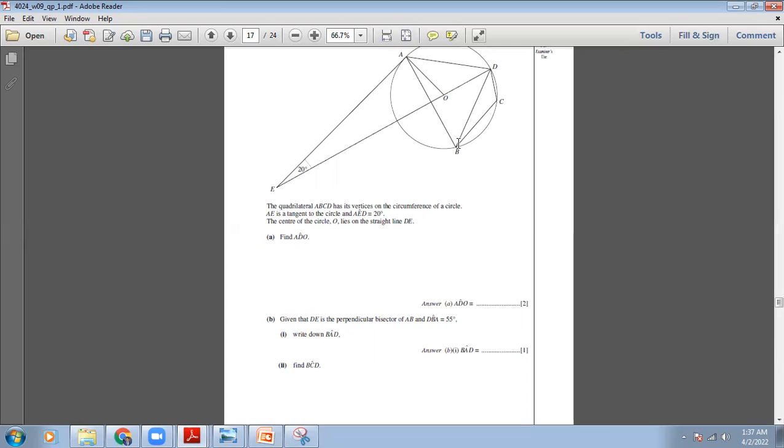The DBA angle is 55. So this angle is 55, and here this angle is 90. So this angle will also be 90. The first question is write down BAD angle.